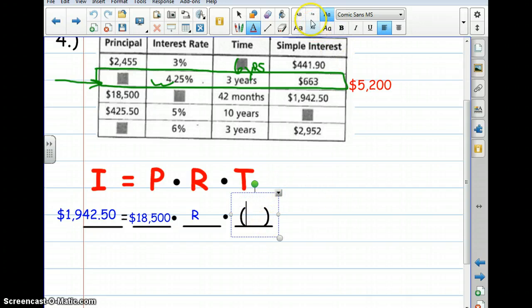Okay, so here's what I know. I know that I'm dealing with 42 months, right? And what I need to know is how many months are there in a year? And what would you tell me? You would tell me that there are 12 months in a year. So that goes 42 over 12.